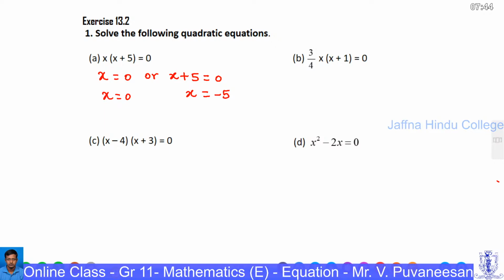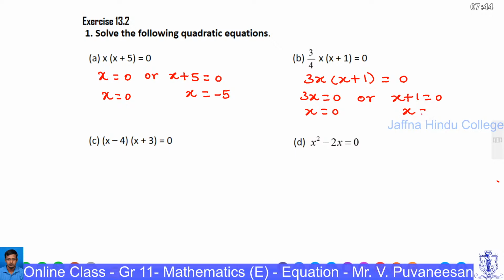Second one: when we move 4 to the right side, we get 3x into x plus 1 is equal to 0, since 0 multiplied by 4 is 0. This is a product of two factors equal to 0. So 3x equals 0 or x plus 1 equals 0. If 3x equals 0, then x is also 0.